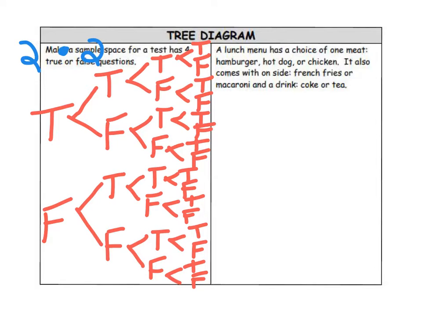It's only two because you could only answer true or false. Third question, you could only answer true or false. Fourth question, you could only answer true or false. So now, in order for you to know how many outcomes, all you have to do is multiply it. 2 times 2 is 4, times 2 is 8, times 2 is 16. So that means there's 16 outcomes, but these are all the combinations.